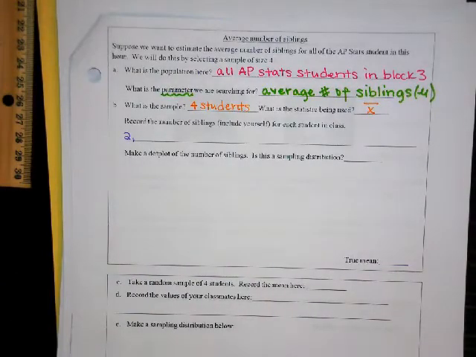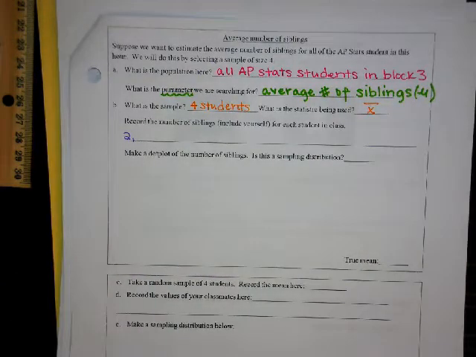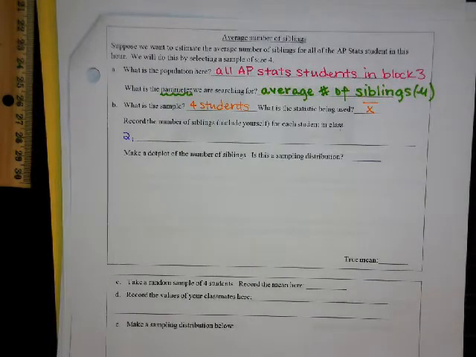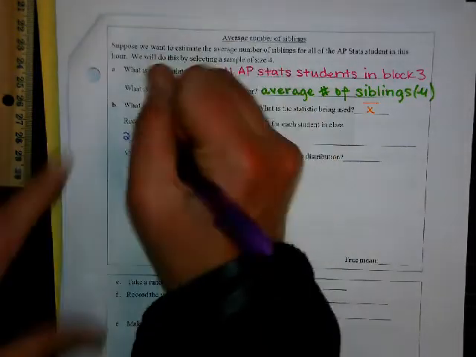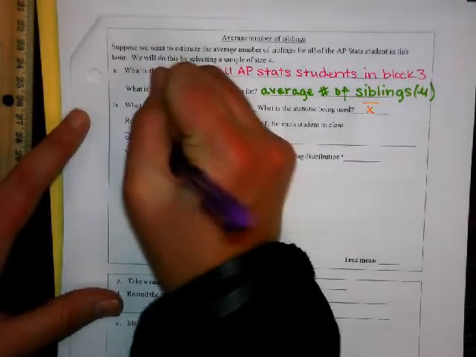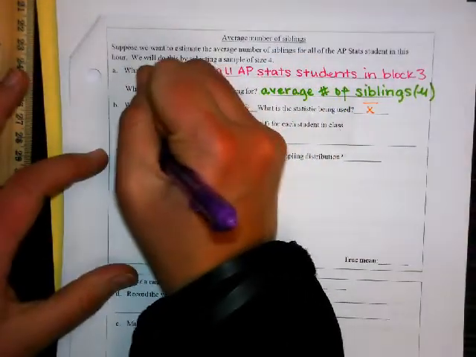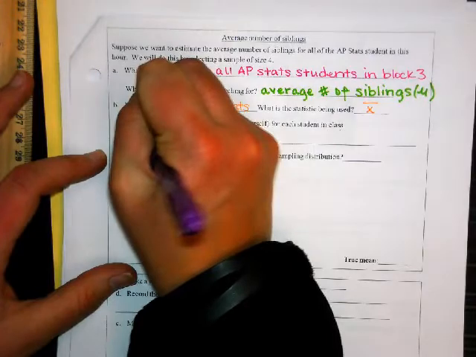Do we count half siblings and step siblings? I said include half siblings, step siblings, estranged siblings, but you do not include yourself. 4. 5. Oh, 4. People that I don't talk to anymore, but they're still technically my siblings. Estranged. See? Molly, it's got 3, right?